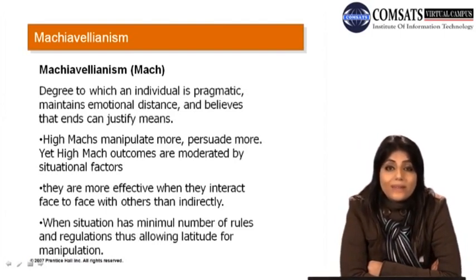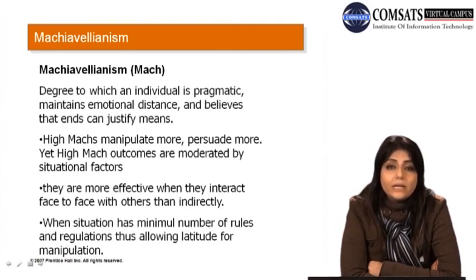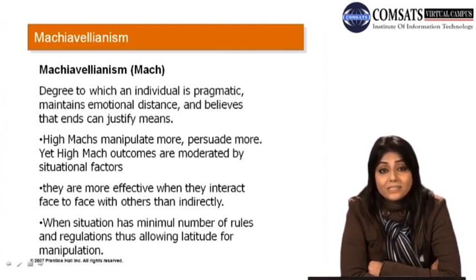And similarly, when the situation or the job task or the environment is such that the rules, procedures and guidelines are not very strict and are minimal, right? Then they can exercise their own latitude of manipulation, right?